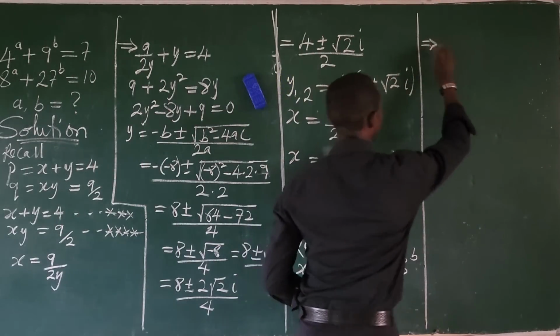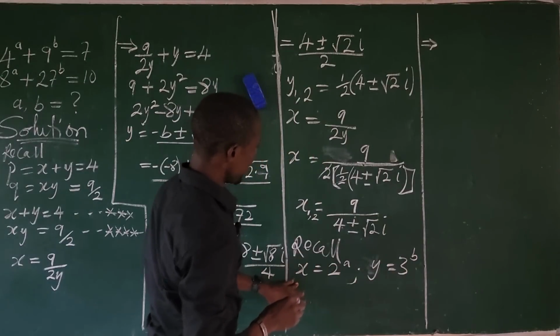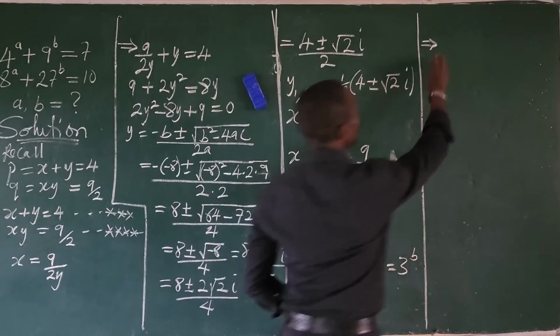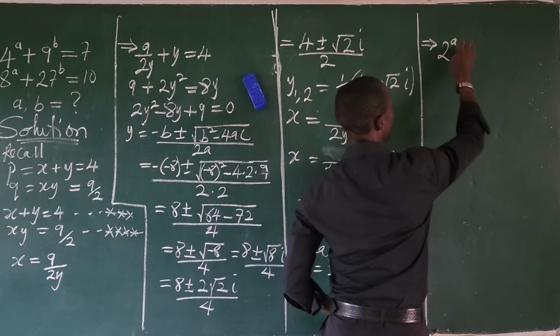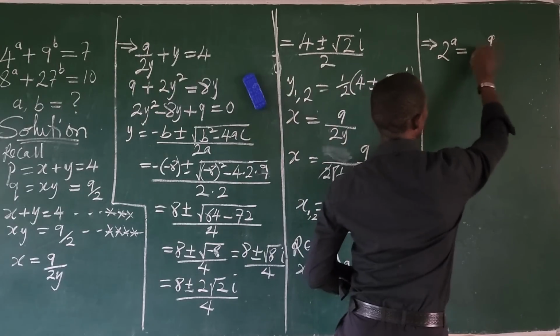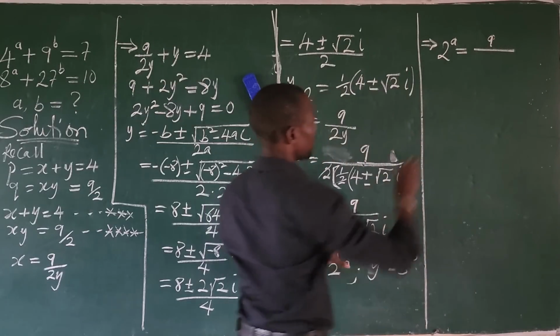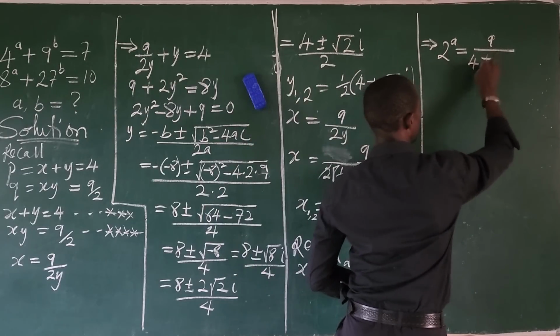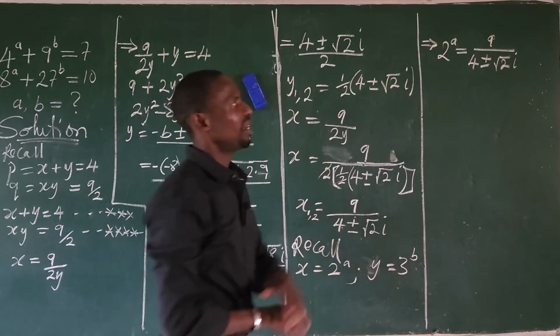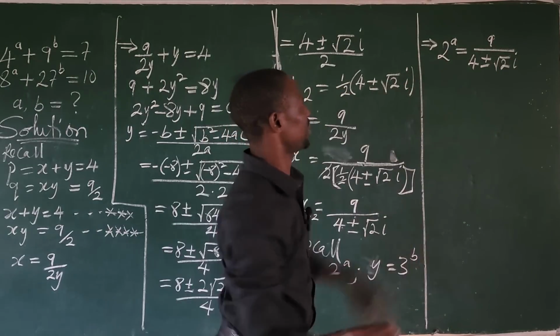This now implies, what is our x? So we are going straight to x1 and x2. So we have 2 to the power of a equal to 9 all over 4 plus minus the square root of 2 iota. All we need to do is to ln both sides of this equation.